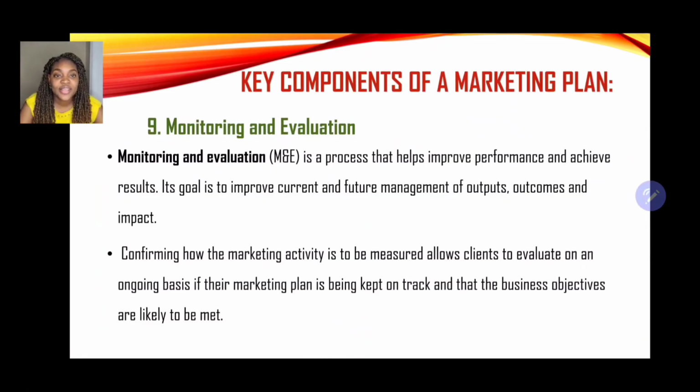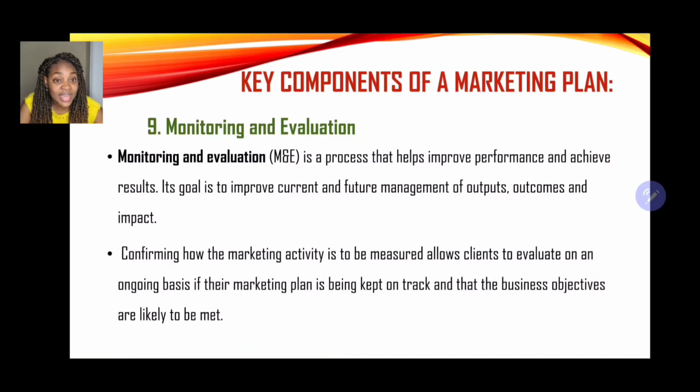Now 9. So after we have gone into action, it's now time to monitor and evaluate. And this is component 9. Now, monitoring and evaluation is a process that helps improve performance and achieve results. Its goal is to improve current and future management outputs, outcomes, and impacts.